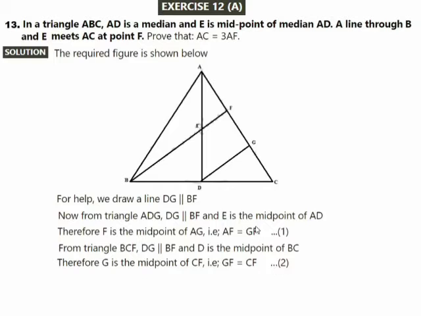Now see here carefully. Here also we have GF, here also we have GF. So if I combine these two, can you say that AF is equal to GF is equal to GC? And see here carefully, AC, can I write this as AF plus FG plus GC?